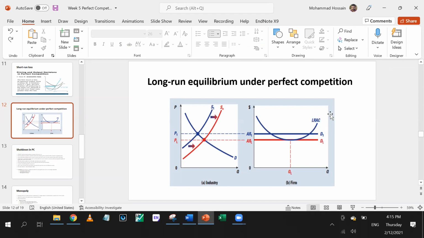In the long run average cost, if the price goes below this red line, you should exit the market. If the price in the market is equal to your average revenue or marginal cost, you can still continue. But if the price goes below the minimum average cost, like this bottom line in here, you cannot continue production anymore. You will have to exit the market.